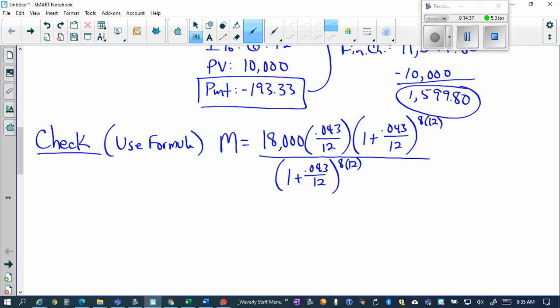I should have 12 times 8, I believe, but whatever. Minus 1. All right. So 221.93. Okay. But now we need to figure out what the finance charge is.